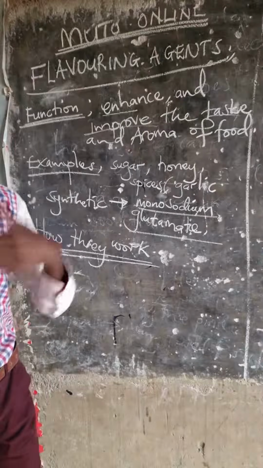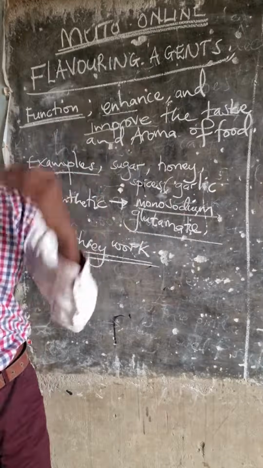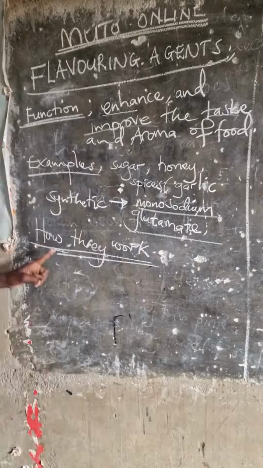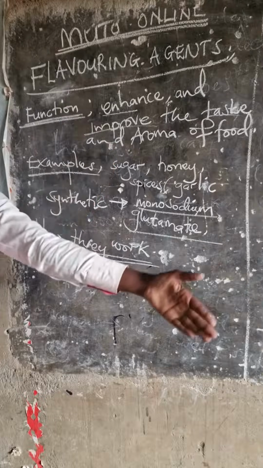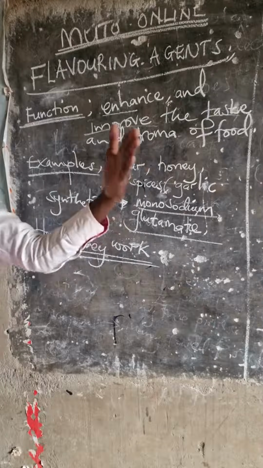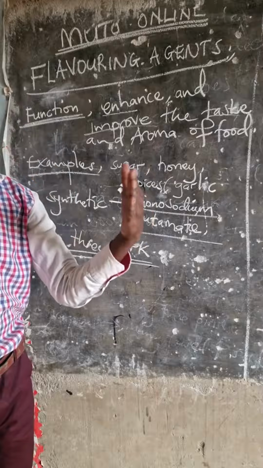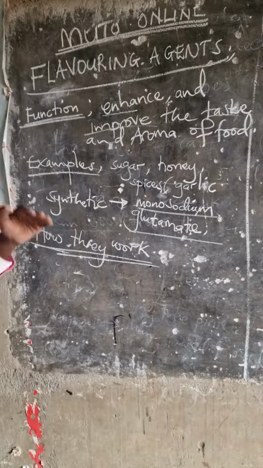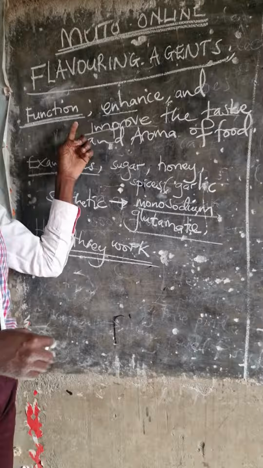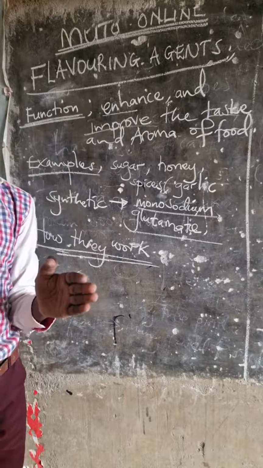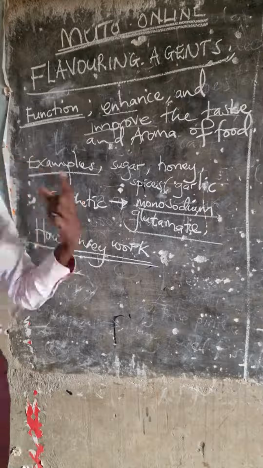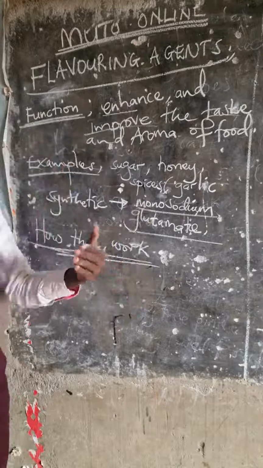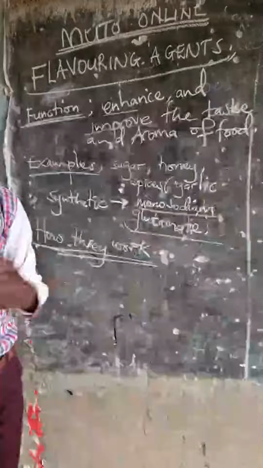So they work by binding to the food molecules whose taste is to be enhanced or improved. And what they do, they either give their overall taste and aroma if the food had no taste, or improve the taste and the aroma of that food if it had any taste.